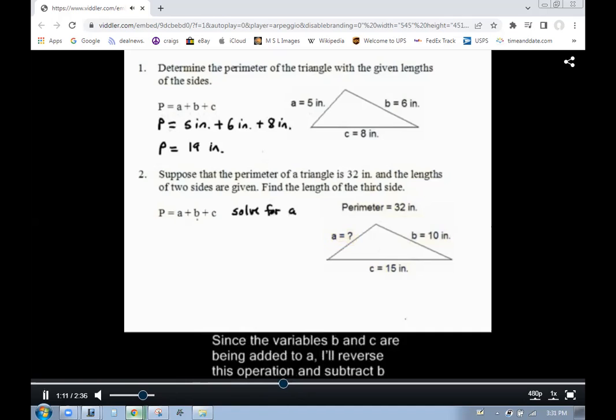Since the variables B and C are being added to A, I'll reverse this operation and subtract B and C from both sides.